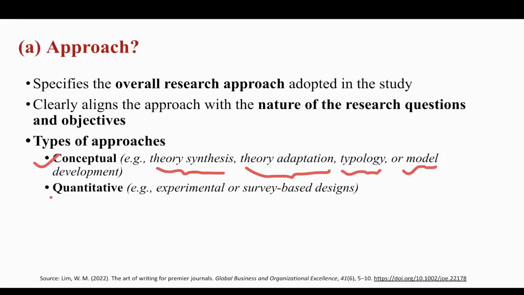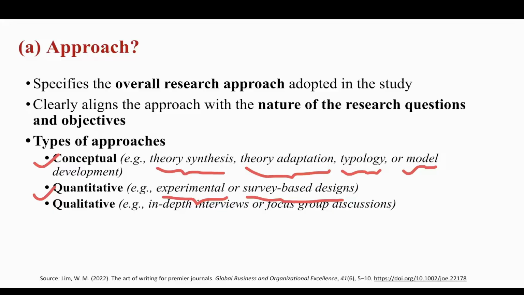Then we have to talk about it if it is quantitative: what kind of approach is this? Is this experimental or is it a survey-based design? What exactly is it? If it is a qualitative research article, or we are adopting a qualitative research design, what are we doing?